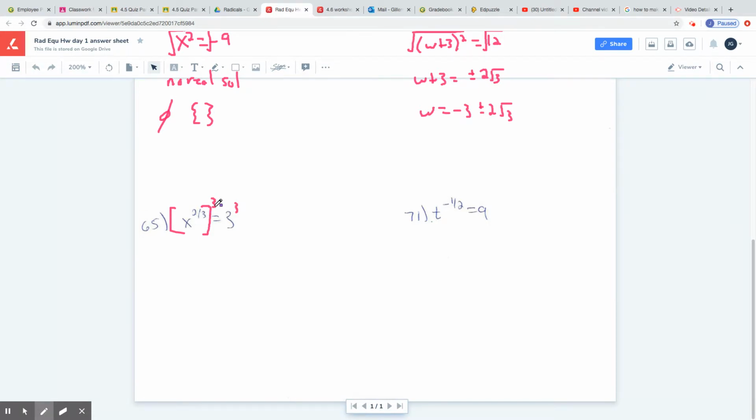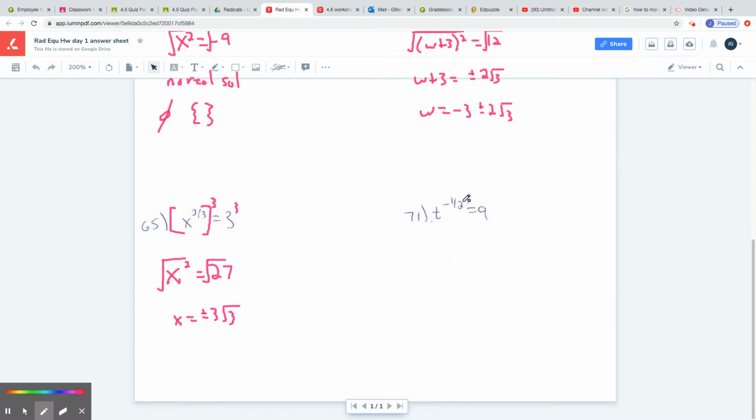So x to the 2/3, if I raise that to the third, 2/3 times 3 is just 2. So now it's just x squared. 3 cubed is 27, so I get x squared equals 27. Take the square root. Since it's an even root, I need a plus or minus. So x equals plus or minus 3 root 3, and there's our answer.